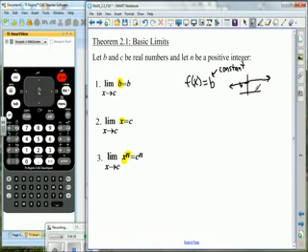Now, if I have c down here as the value I'm trying to approach on my input values, as I let x approach this value c, what's happening to my outputs? If they're all going to be the constant, then the limit of the outputs is that constant value.